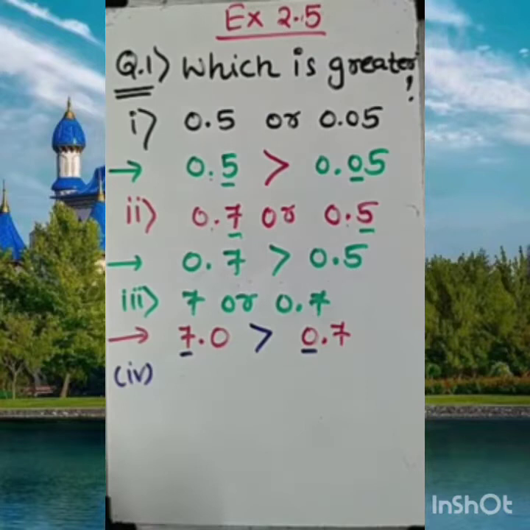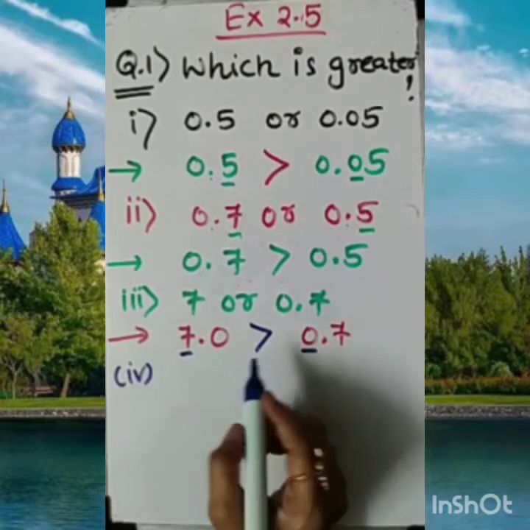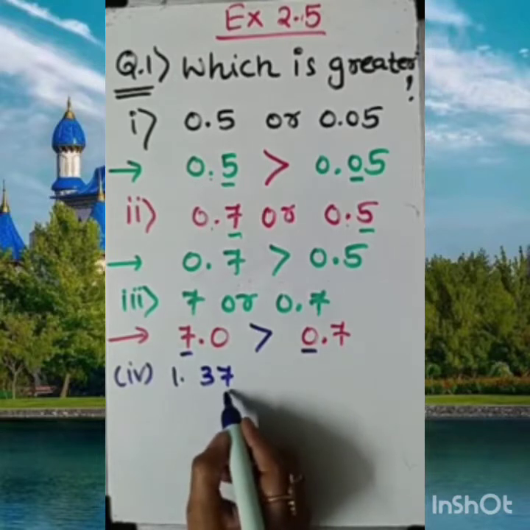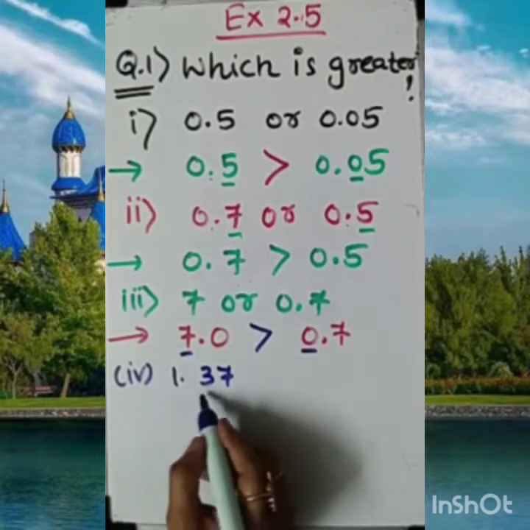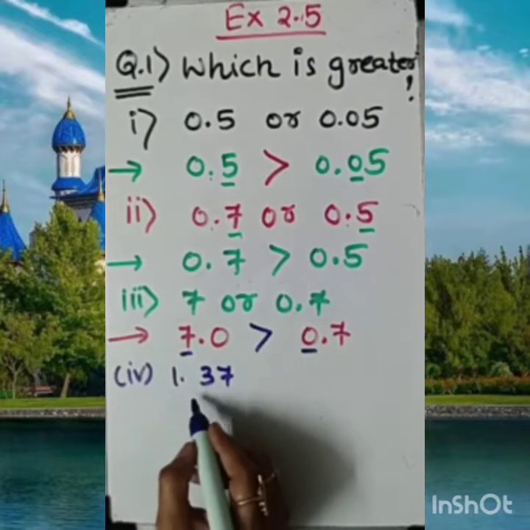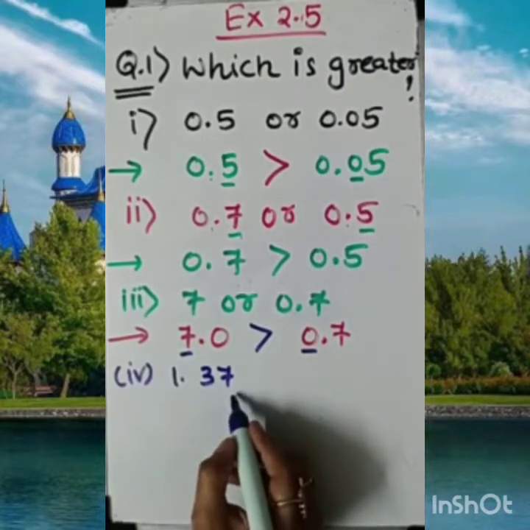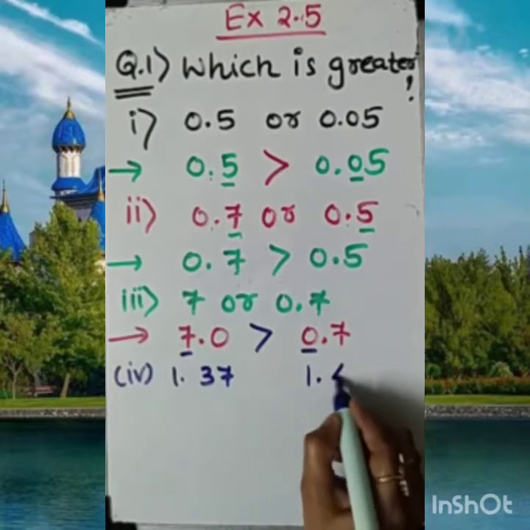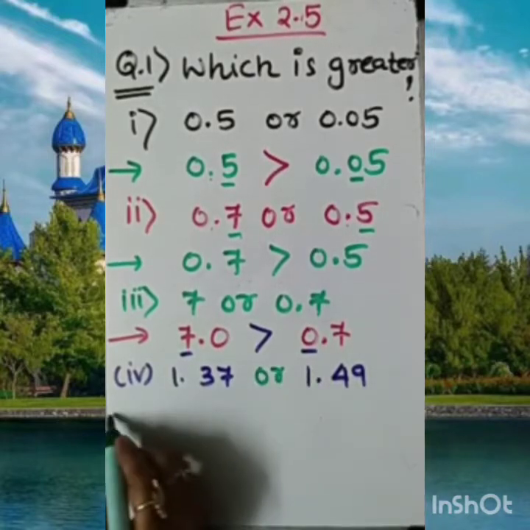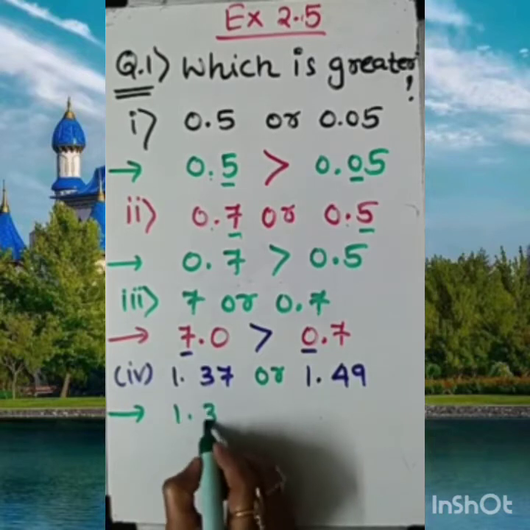Let's work out the fourth now. We are given 1.37. Don't read it as thirty-seven. Some of the students read it as one point thirty-seven. That is wrong. We need to read it as 1 point 3 7, and 1.49, we need to read this way. Now how to justify which one is greater?